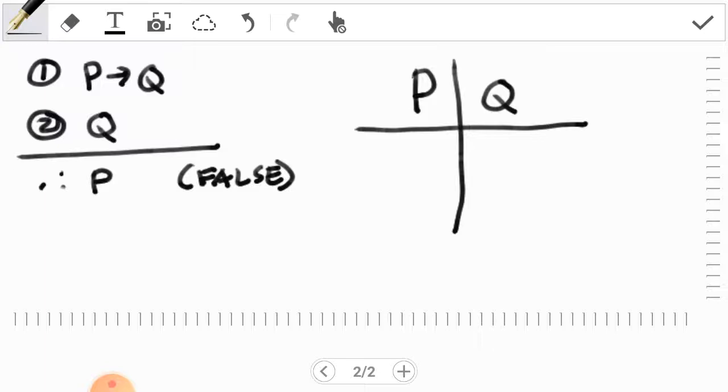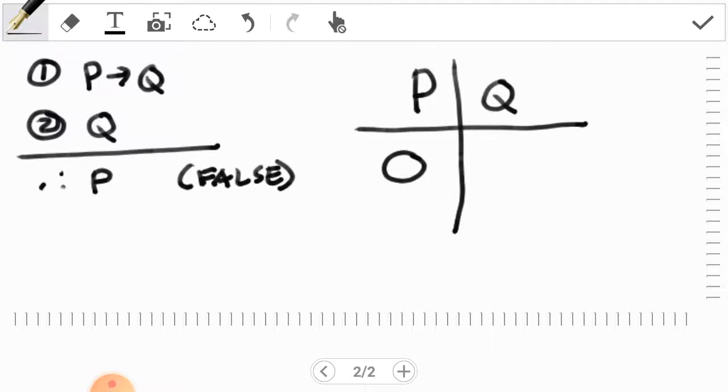Looking at this example, since we are forcing our conclusion to be false, we have no other choice but to set P to 0 so that the conclusion is false.